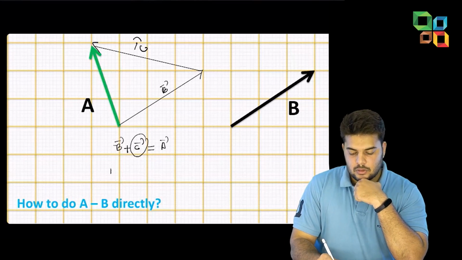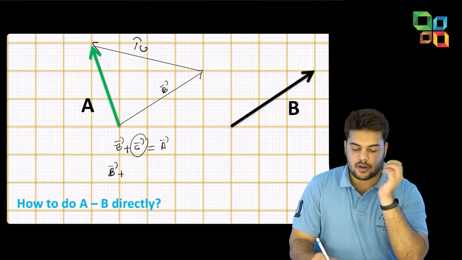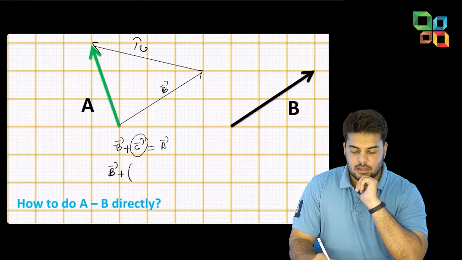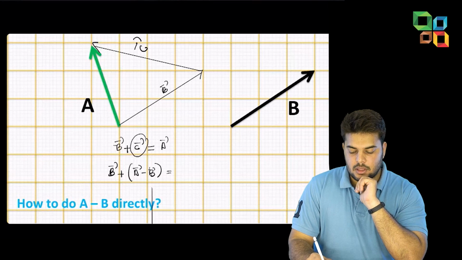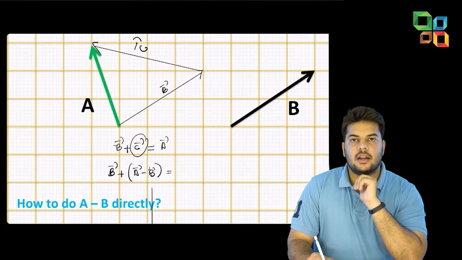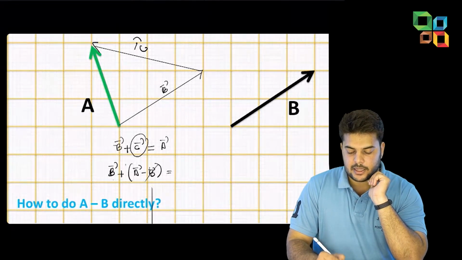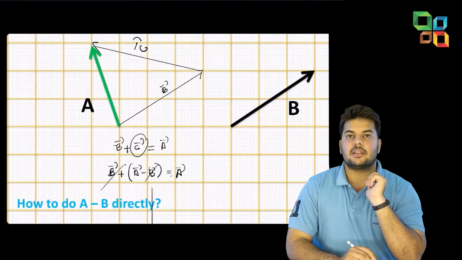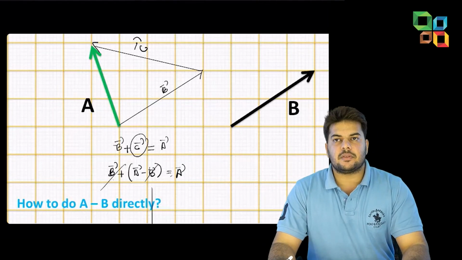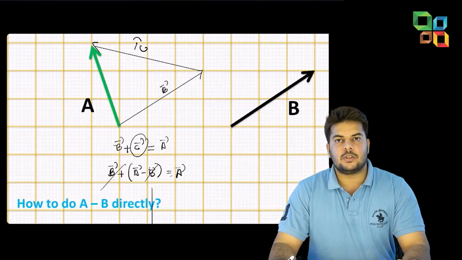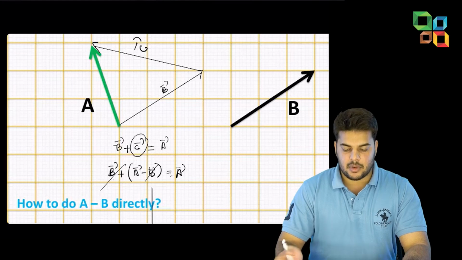If Avni is right, that this C vector is equal to A minus B vector, then the left hand side and the right hand side should match, isn't it? Do they match? So B plus minus B, okay, they get cancelled, and what remains is A vector. Yes, correct. So the left hand side matches with the right hand side. So this is A minus B vector.